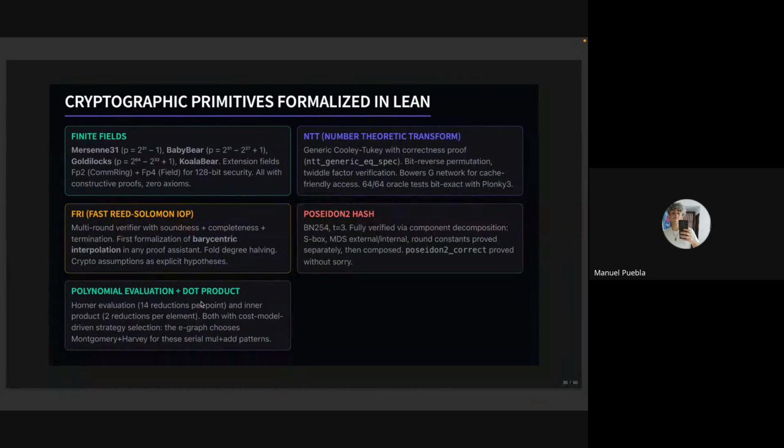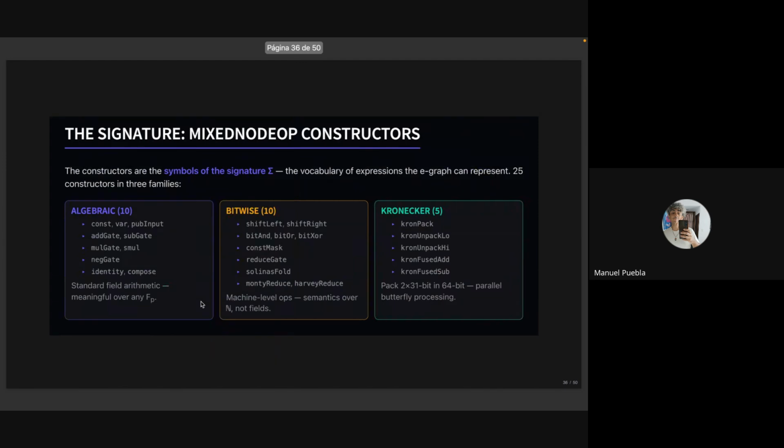We're planning on adding more. We have definitions and proofs of theorems that we know are correct. Hashes, polynomial evaluations, verifying soundness, all those things. And the good thing is that we are going to feed all this to the motor.